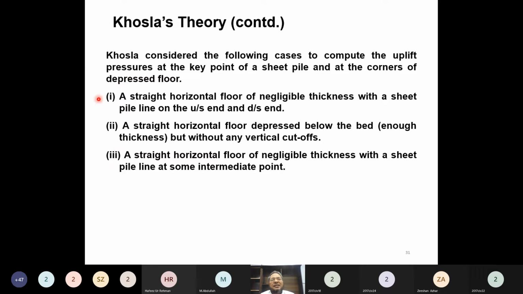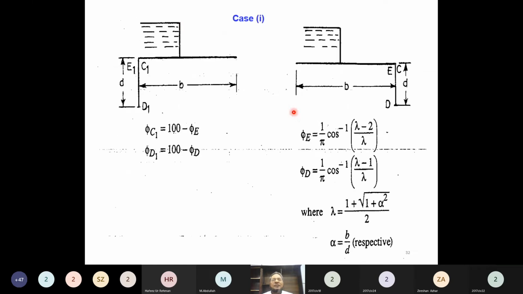He says that a straight horizontal floor है of negligible thickness है. Concrete floor की thickness कितनी है? Negligible. Means 0 or close to 0 with a sheet pile line on the upstream and downstream. ये केस नंबर 1 है. If a concrete floor of negligible thickness and there is a sheet pile on upstream side or downstream, this is the case number 1.